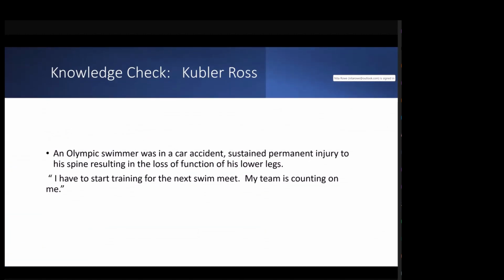This is denial because he has not come to terms or accepted the fact that he can no longer move his lower legs. He can't kick, right? So he is still at a point where he's saying to himself, oh my goodness, this can't be happening. This isn't happening. Okay, so he's in denial.